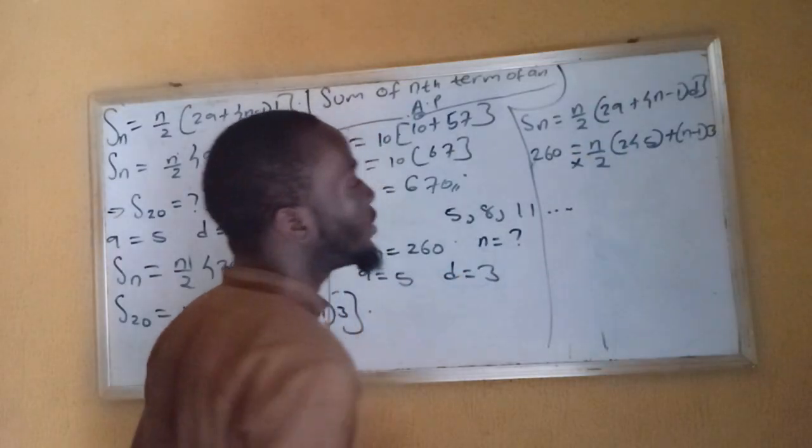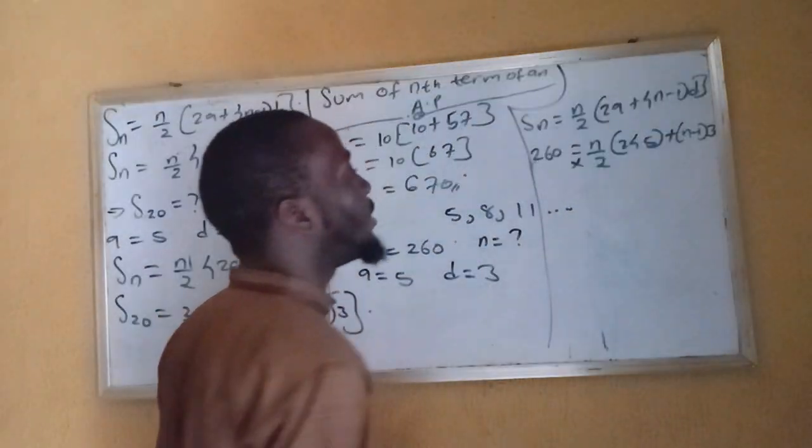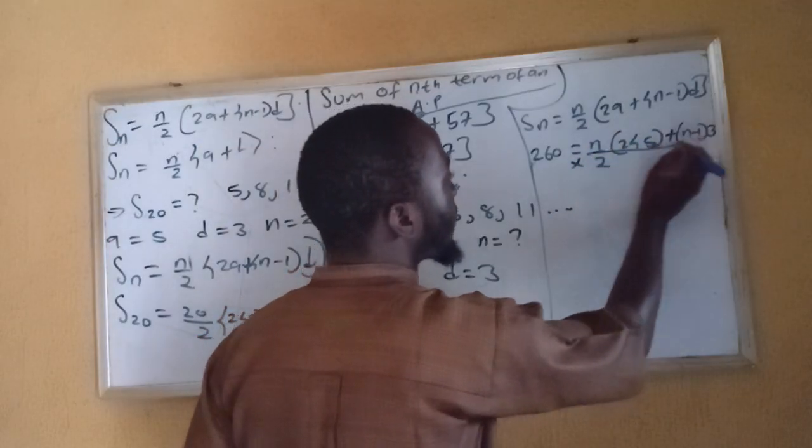Now you can cross multiply from here. This one is multiplication, so it does the same thing.